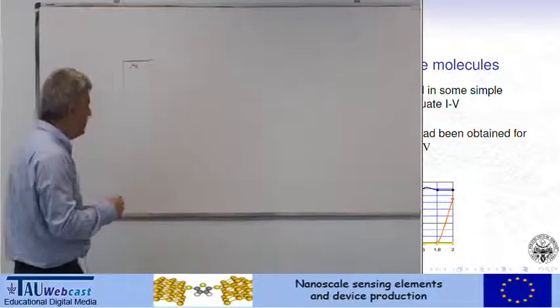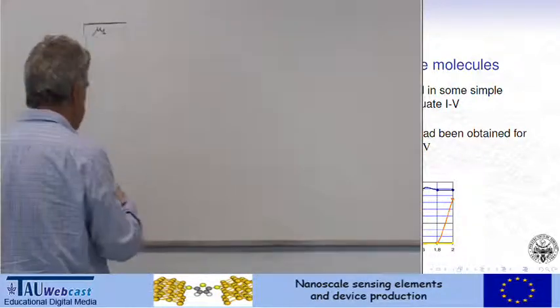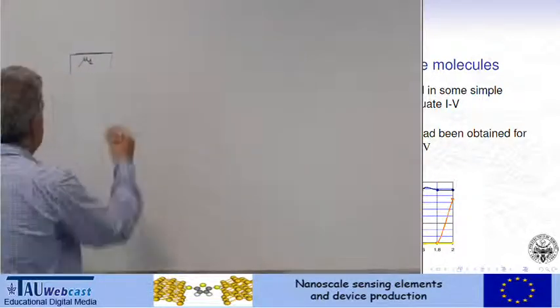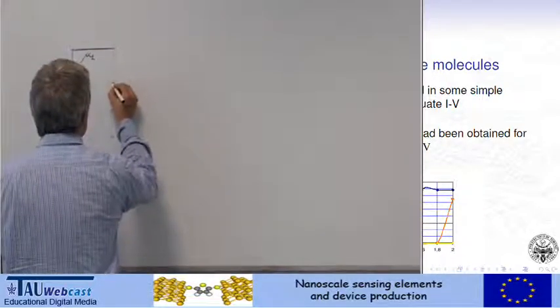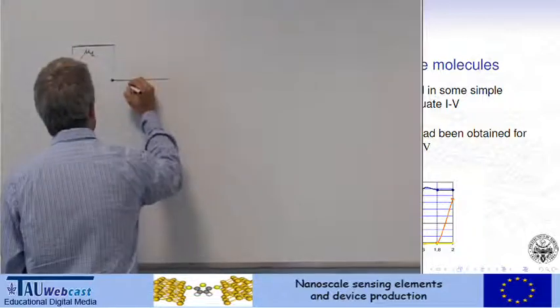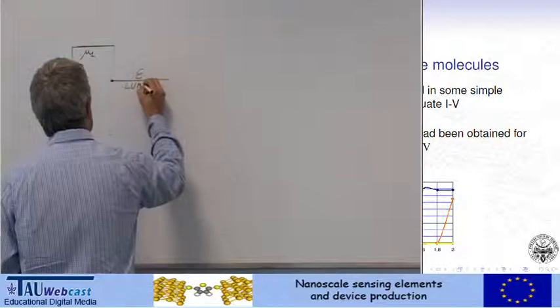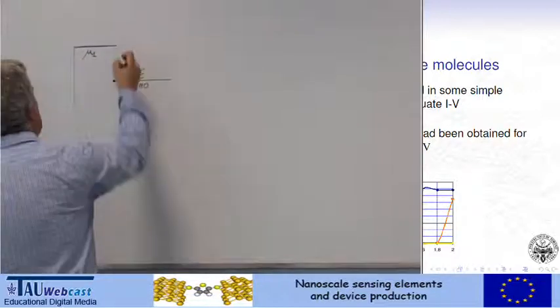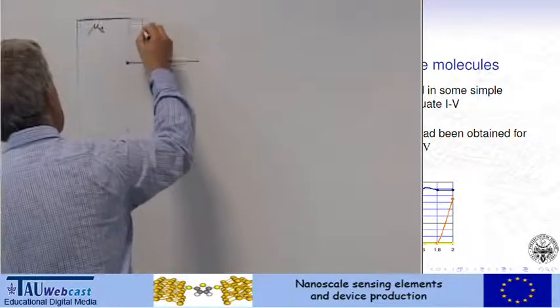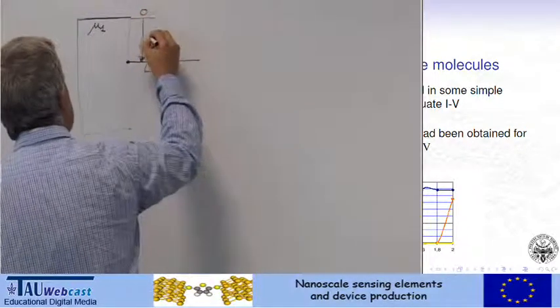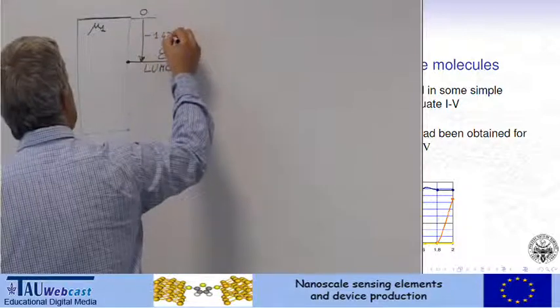The molecule is simply described by one level, and this level is the LUMO level, at minus 0.47 electron volt.